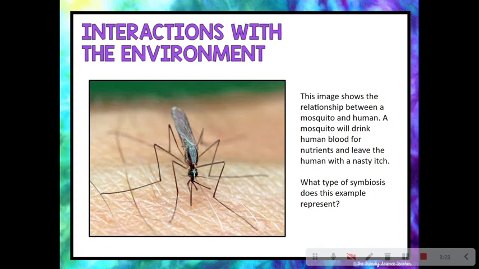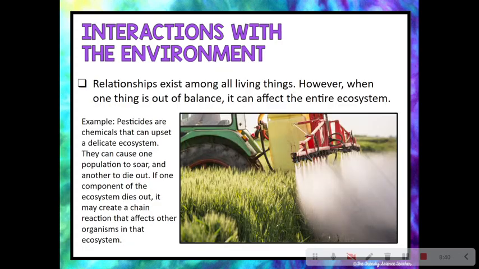This image shows the relationship between a mosquito and a human. A mosquito will drink human blood for nutrients and leave the human with a nasty itch. What type of symbiosis does this example represent? Relationships exist among all living things.